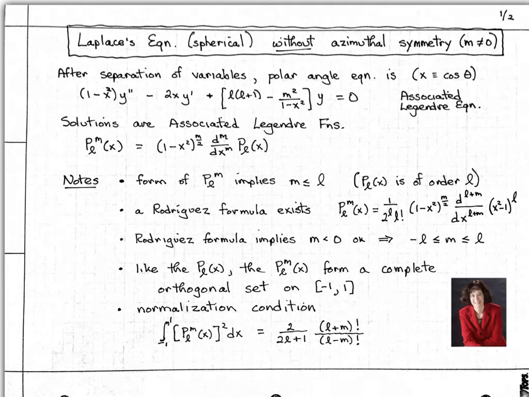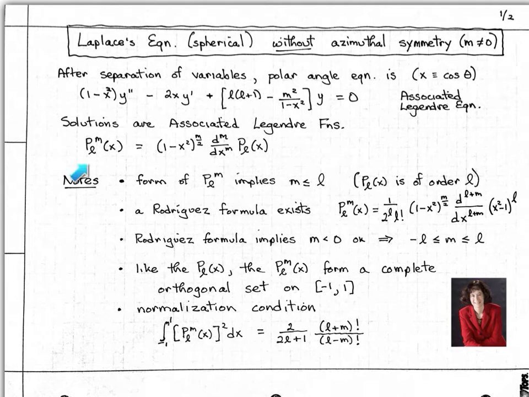First, if we note the form of the associated Legendre function here, we see that it implies that the integration constant m has to be no larger than the integration constant L. That's because the Legendre function, whose derivatives we are taking, is a polynomial in x of order L. That is, the highest order term in the polynomial is x to the L. So we can't take more than L derivatives of it and get anything sensible. So m has to be less than or equal to L.